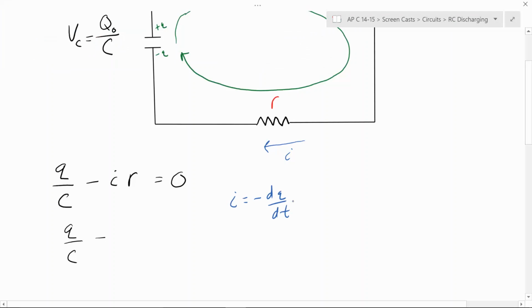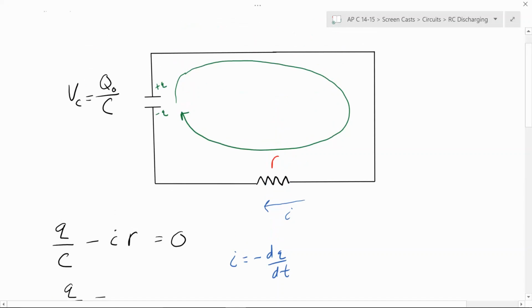Why is it negative? Well, it's negative because we're saying that current in the positive direction here is going clockwise. But the dq is actually decreasing. And as you decrease the q, the I is actually going to decrease. So we need the current to go in the positive direction when the Q is decreasing. So that's why the negative sign is there.